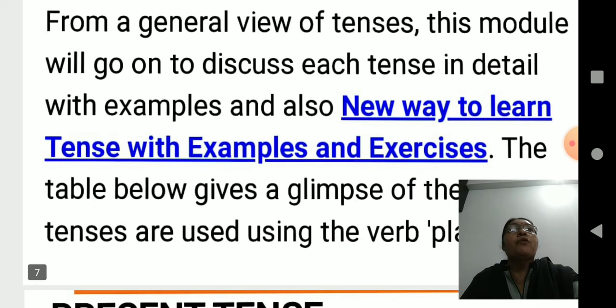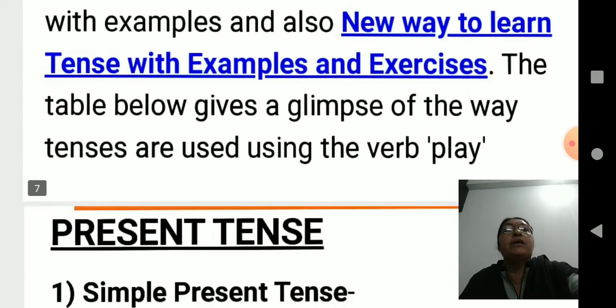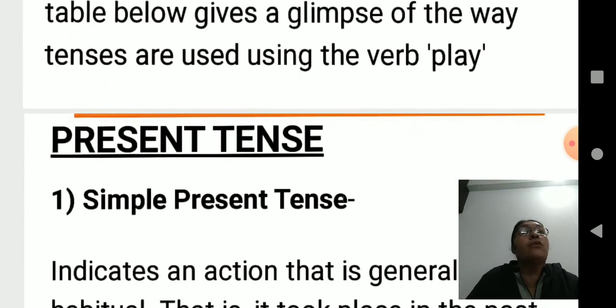Tenses, this module will go on to discuss each tense in detail with examples, and also a new way to learn tenses with examples and exercises. The table below gives a glimpse of the way tenses are used, using the verb play. First, simple present tense.